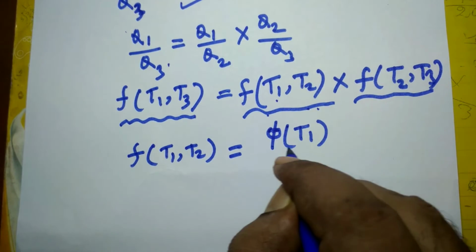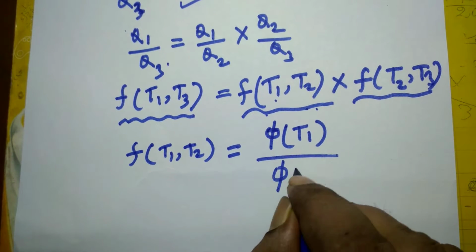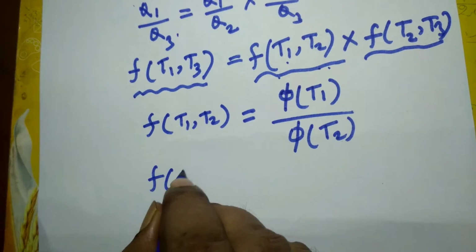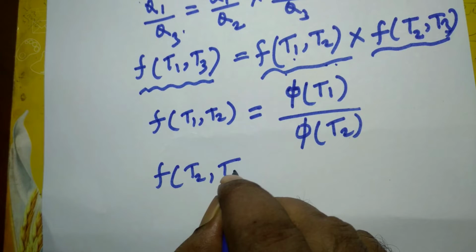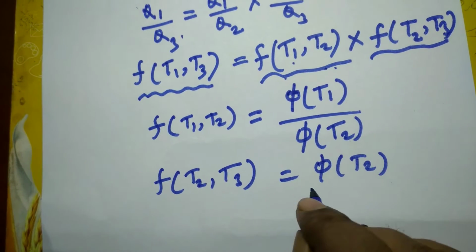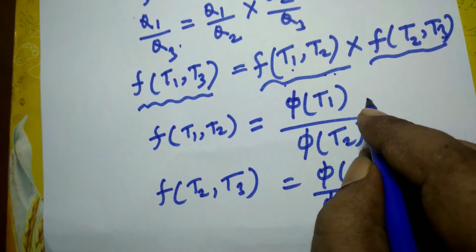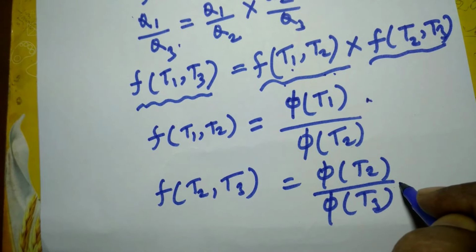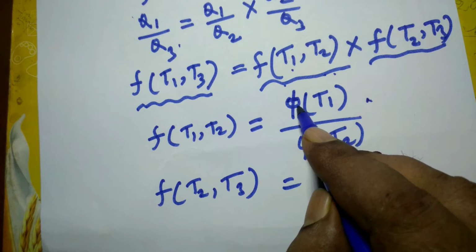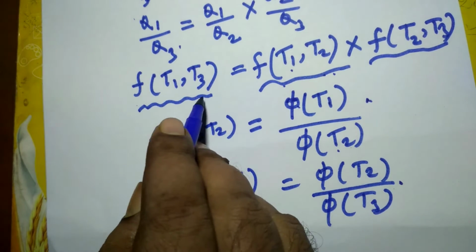Phi of T1, which is another function of T1, divided by phi of T2. And in place of F T2 T3, if I write phi of T2 divided by phi of T3, then when multiplied by this, phi T2 will be cancelled out, and whatever will remain is phi T1 upon phi T3, which is F of T1 and T3.